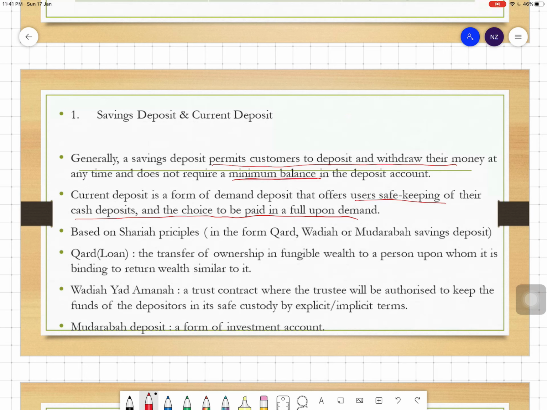So biasanya kita masukkan duit di dalam current account untuk kita purchase something, kita tak boleh purchase in cash lah. Kiranya kita kena bagi by cheques.